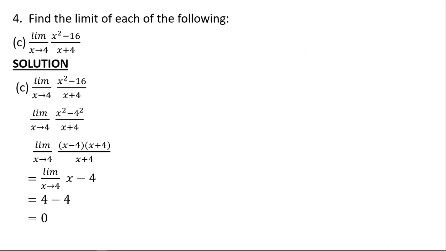Part D. Find the limit of x minus 2 over x squared minus x minus 2 as x approaches 2. Our denominator is a quadratic expression. We are supposed to get two integers such that when we multiply them together they give us a negative 2, but when we add them together they give us a negative 1.